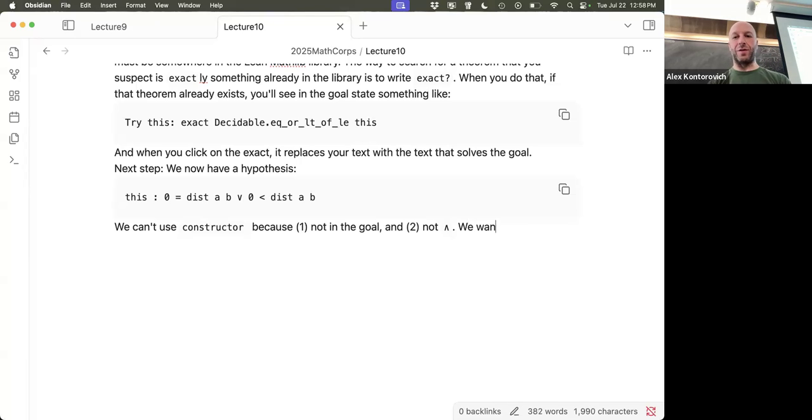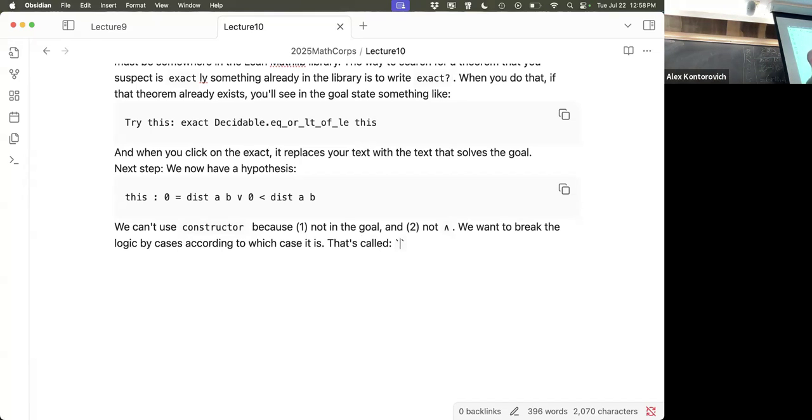We want to break the continuing logic by cases, according to which case it is. Any guesses what that tactic is called?